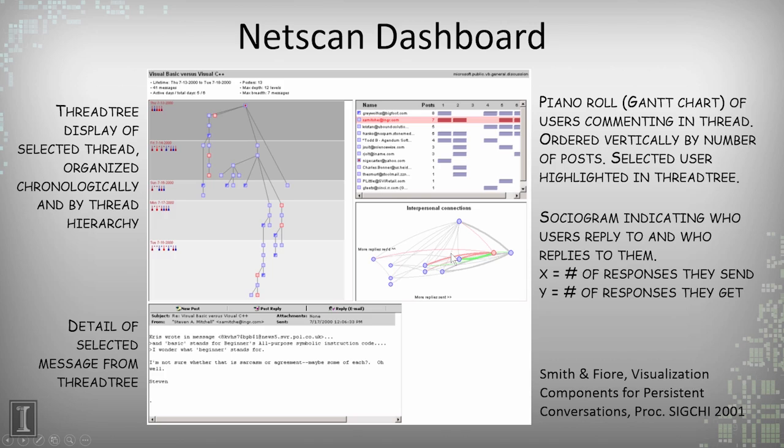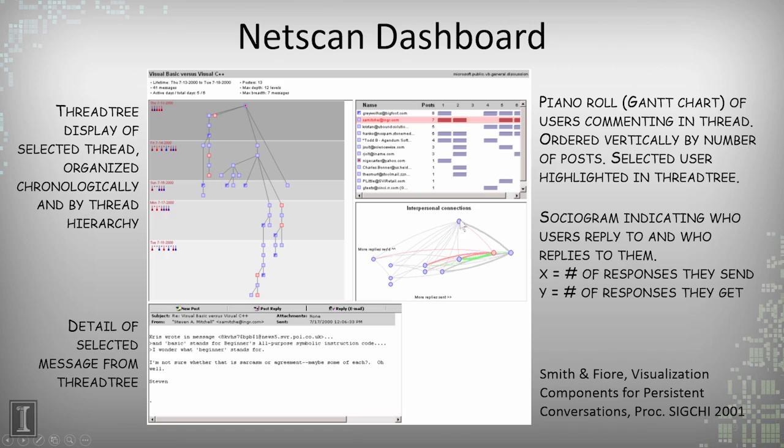And then you've got this sociogram. In this case, it's just a social network, a graph where you've got connections based on who's replying to whose message. But the horizontal and vertical position of nodes indicates, horizontally, the number of responses each person sends, and vertically, the number of responses they get.